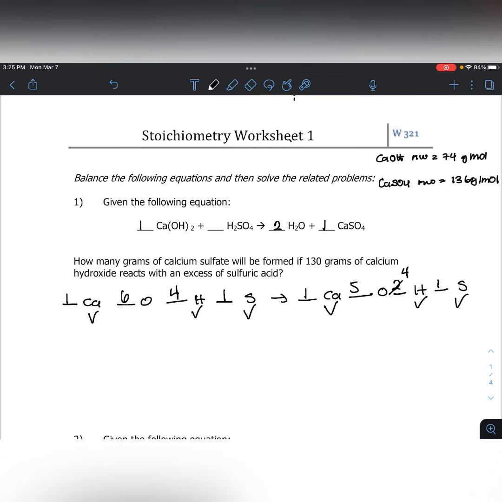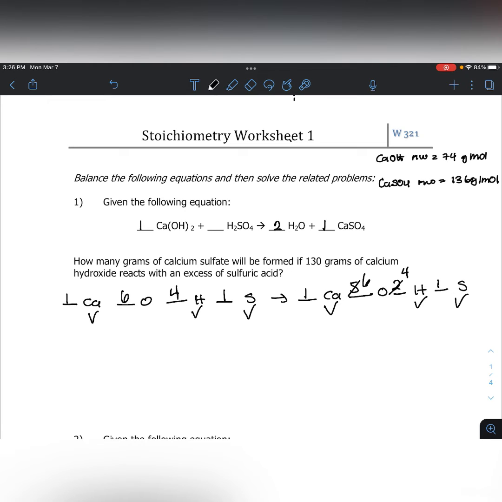Now let's double check oxygen. On this side, we have 2 plus another 4, so that should be 6. On this side, we have 2 plus 4, that should be 6. So that checks out quite nicely, and I think that's it.